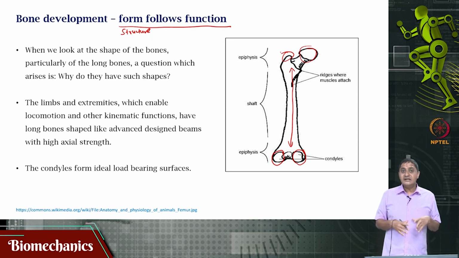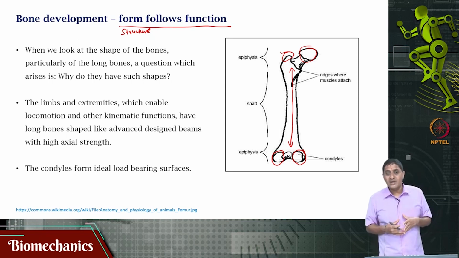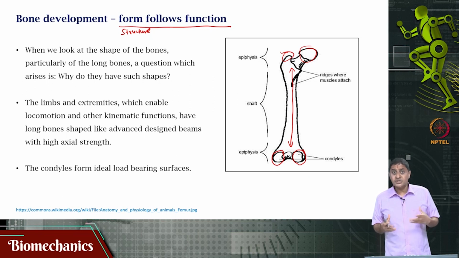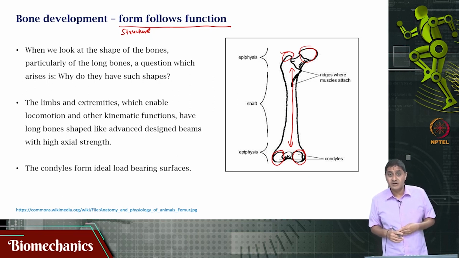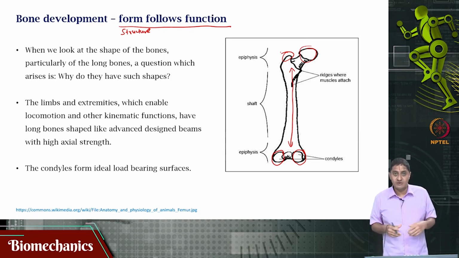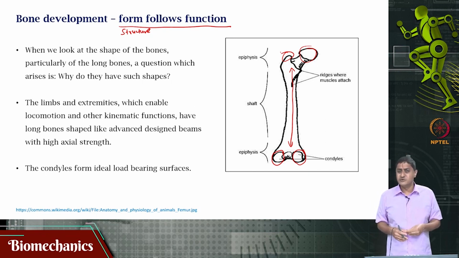Later in one of the videos, we will be discussing why long bones are hollow. There it will become crucial to discuss why, for example, the femur is hollow, because if it was not hollow, what would be the cost, the metabolic cost or the expense that you will have to incur to move a fully solid bone? That is a curious question.